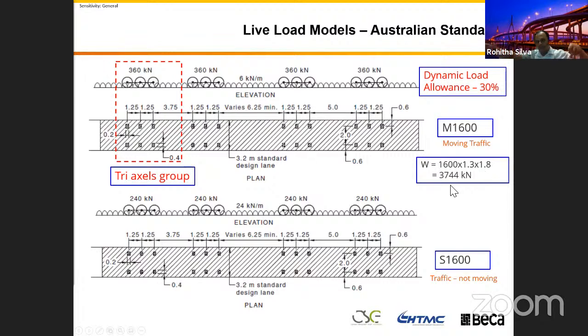Then 25 meter long, 3.2 meter wide, this particular lane will carry 3,744 kilonewton or approximately 380 ton weight.